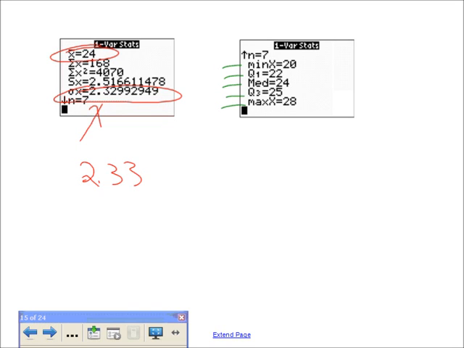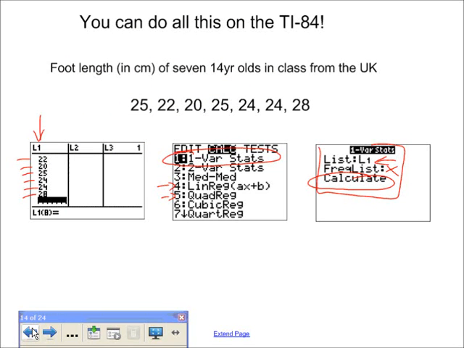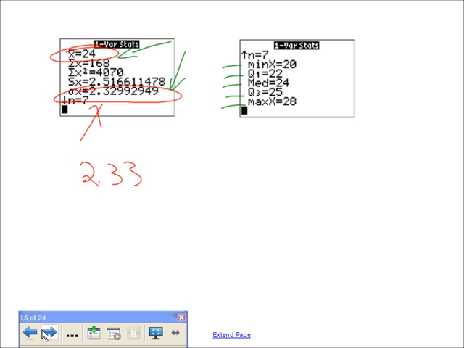And that's if you arrow down. But for now, I just need you to be able to put things in the calculator and find them like that. And you will be asked to do that on the worksheet. So, reviewing, put them all into L1, and then just do calculate one var stats. And you will get the average and the standard deviation.